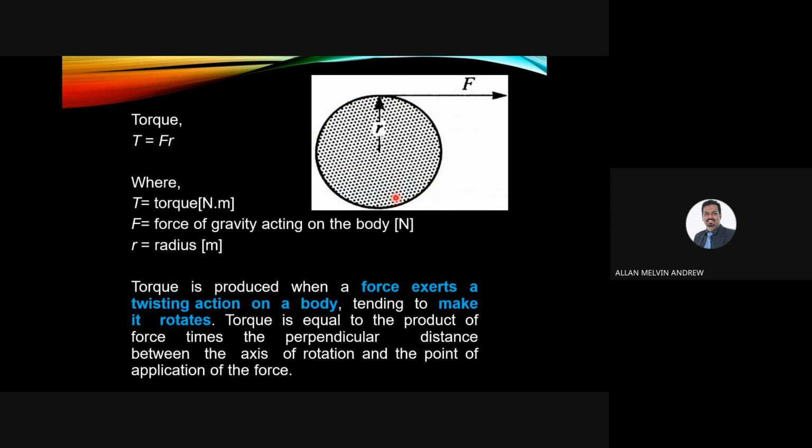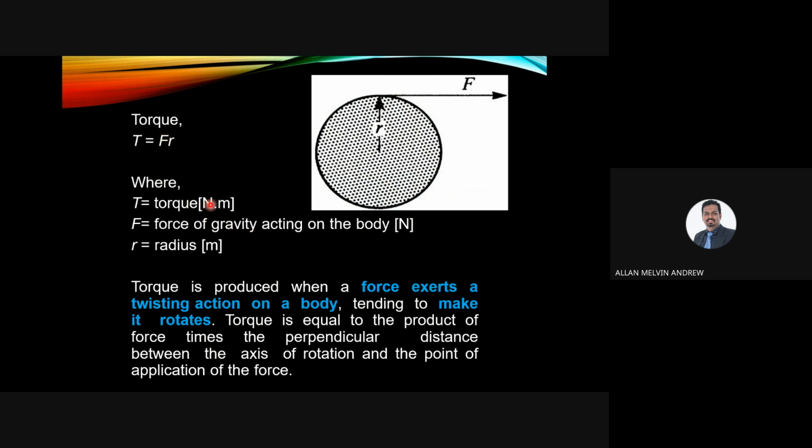Okay, another thing that we can see is the torque. So torque is produced when a force exerts a twisting action on a body. Meaning there's a body, and because of the force applied, the body starts to rotate. That is what we call torque. Torque can be calculated with this formula: T, torque, equals force times radius.